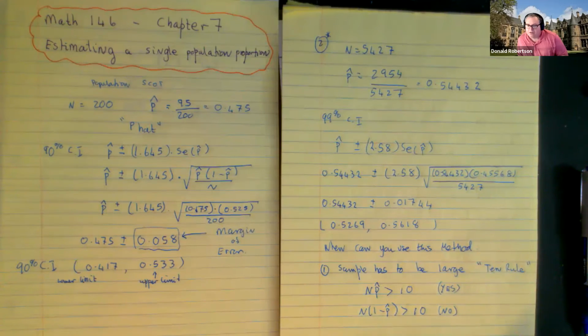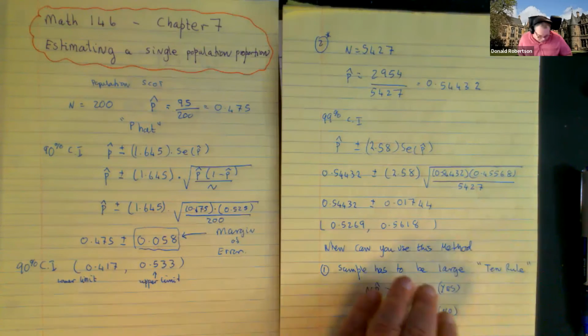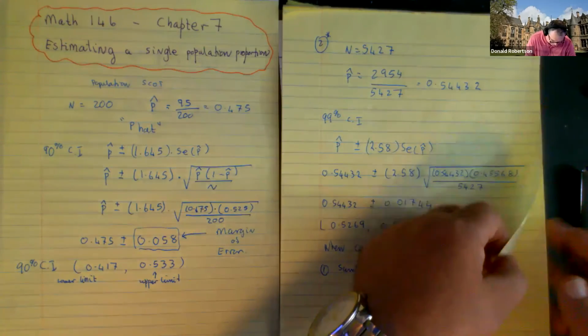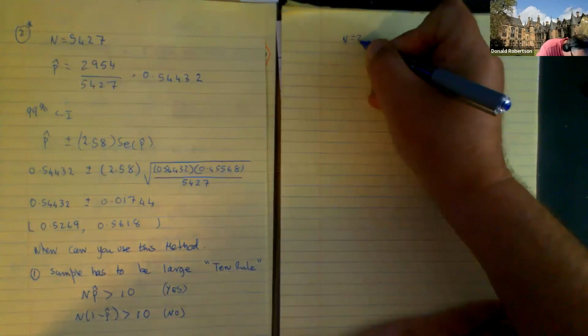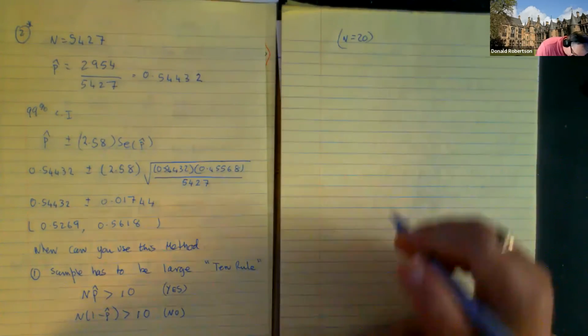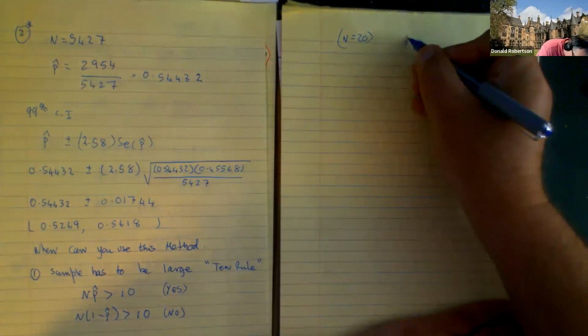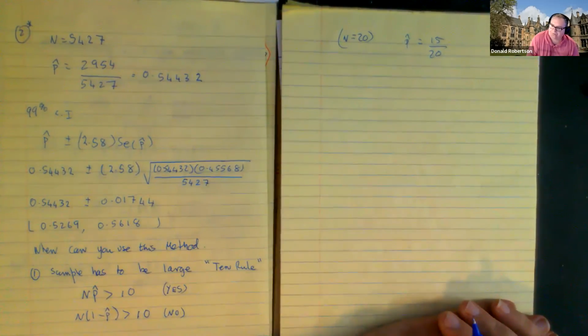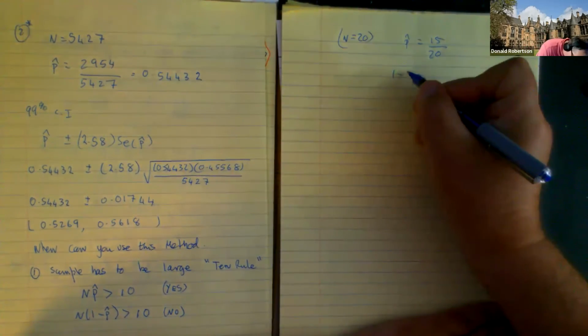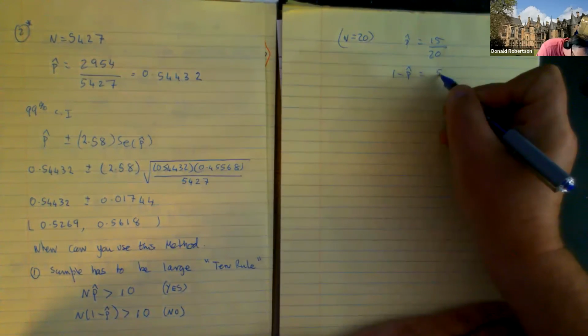So if you only had, oh, let's pick one where that's not true. Let's suppose that you asked 20 people a question, whatever that question might be, and 15 of them said, yes, I like Pepsi. Then won't 1 minus p hat be 5 out of 20?